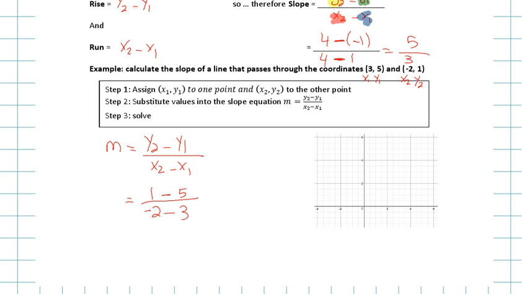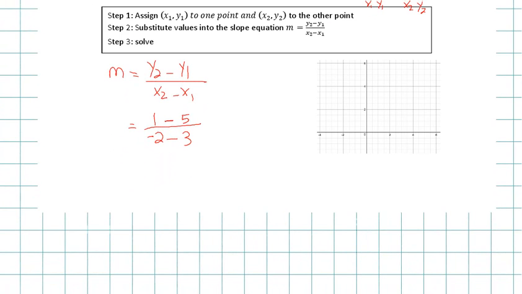So 1 take away 5 is negative 4. Negative 2 take away 3. Minus 5. Okay? Now at the end, because I have negative over negative, they cancel and they become 4 positive by 5. Okay? So that means I have a rise of 4 and a run of 5.